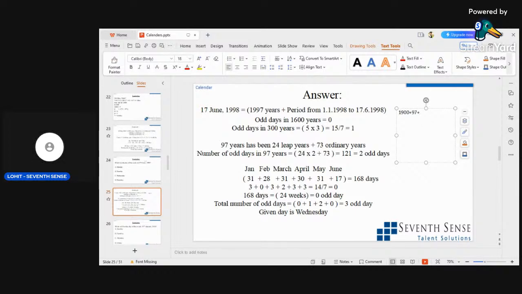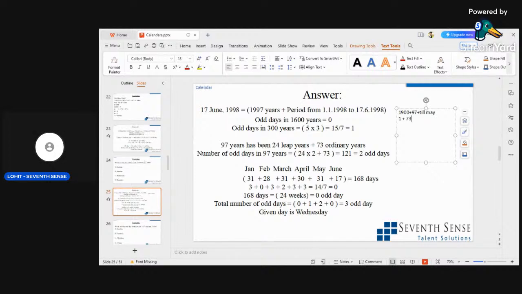So till May, I'll write it as till May. Next, in 1900, the answer is 1. So in 97 years, how many odd days are there? First, we are going to calculate the ordinary years. How many ordinary years? Come on, guys, you need to tell the answer.